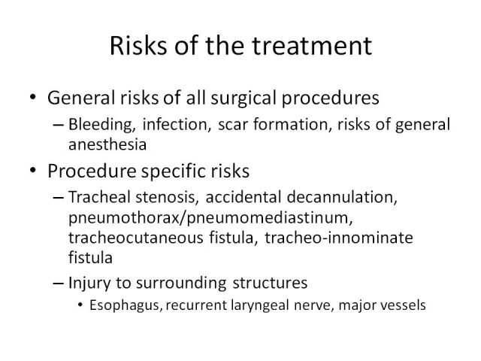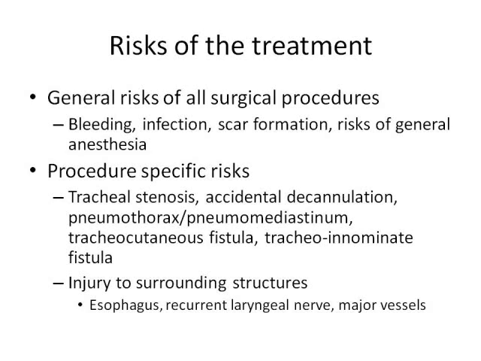Specific risks for this procedure also include, but are not limited to, tracheal stenosis, or narrowing of the trachea, accidental decannulation, or dislodgement of the tracheostomy tube from its position, pneumothorax and pneumomediastinum, which are unintended entry of air into other spaces of the chest, tracheocutaneous fistula, which is a persistent connection between the trachea and skin, and tracheoinnominate fistula, which is an abnormal connection between the trachea and a blood vessel, which can lead to bleeding.